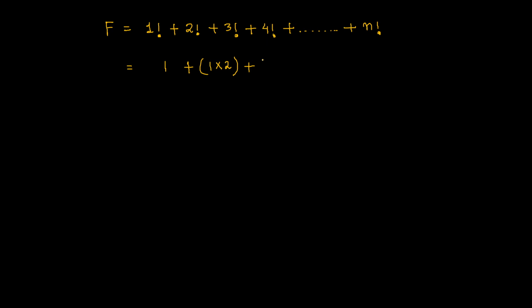Then 3 factorial will be 1 into 2 into 3. Then 4 factorial will be 1 into 2 into 3 into 4, plus, and so on, plus n factorial means 1 into 2 into 3 into n.